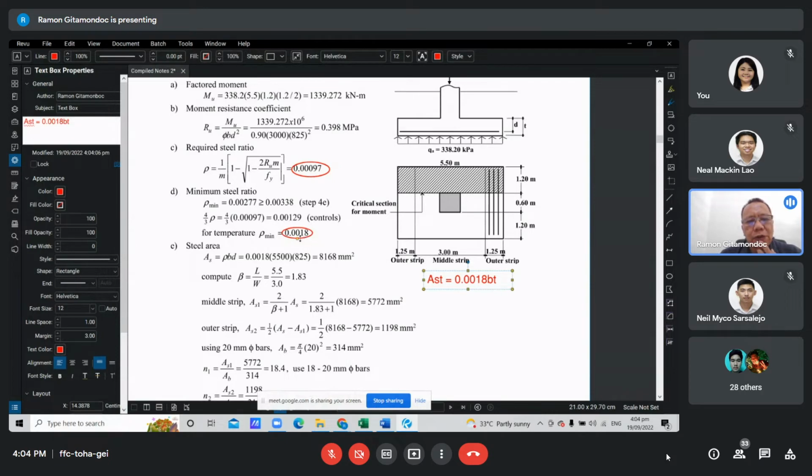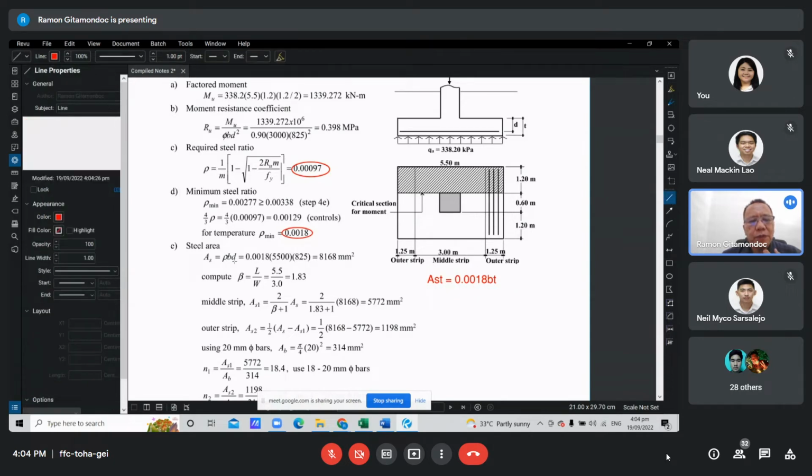I think this one will really govern: 0.0018 compared to this. So we should use this value, 0.0018. A slight correction here: instead of d, that should be t, because when we compute thermal reinforcement, it should be multiplied by the thickness rather than the effective depth.